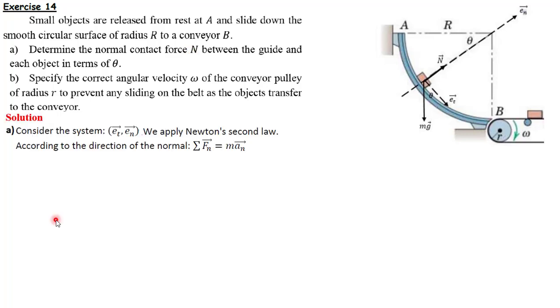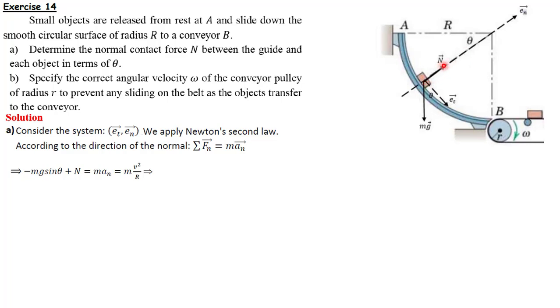So let's take our system as the object that is released from A and going to B, and apply the fundamental relation of dynamics. Sum of the external forces equal ma. Now, since we want to find what is the normal reaction, and we know that the normal reaction is directed to the center of the circle, here we have the normal unit vector.